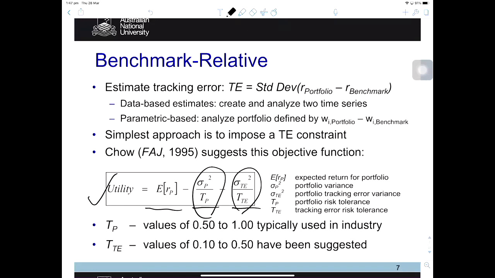The risk tolerance is usually a constant for any particular investor, or when we say an average investor, a typical investor will have this level of portfolio risk tolerance. And the last item is actually the focus of today's discussion. Here you have the portfolio tracking error variance, and here the tracking error risk tolerance.